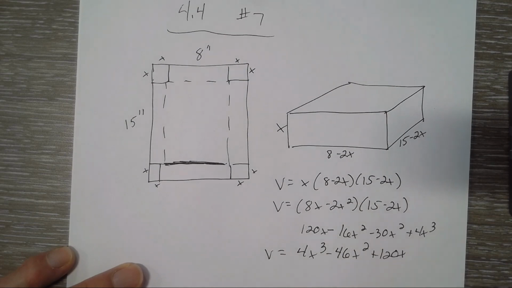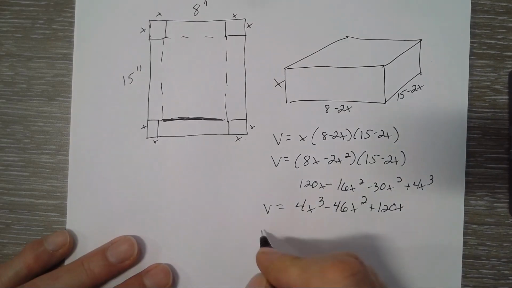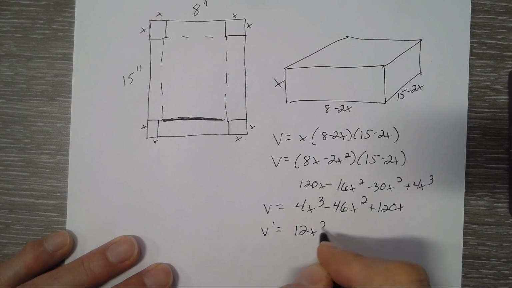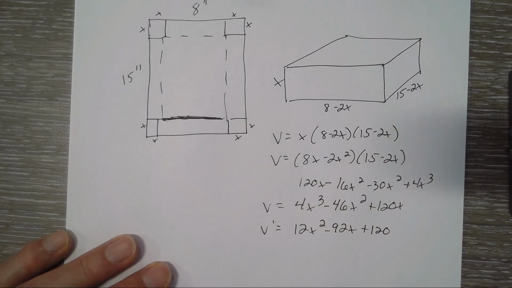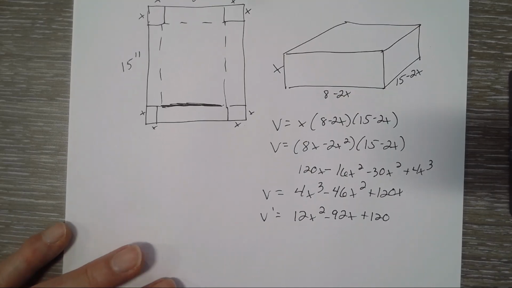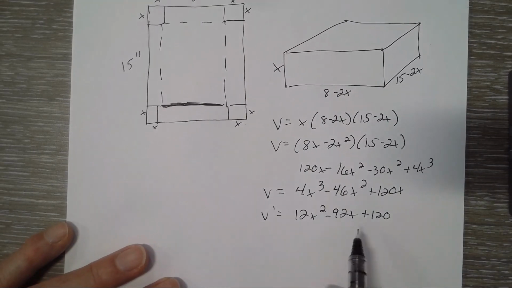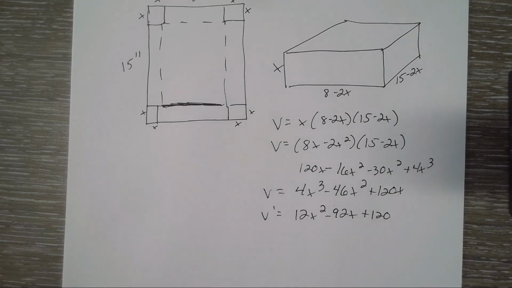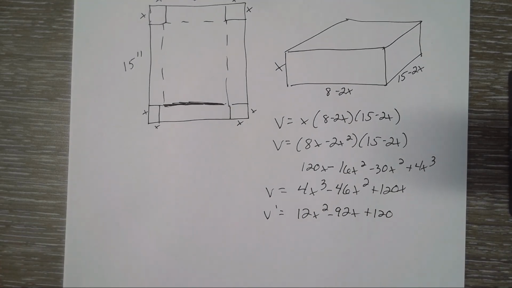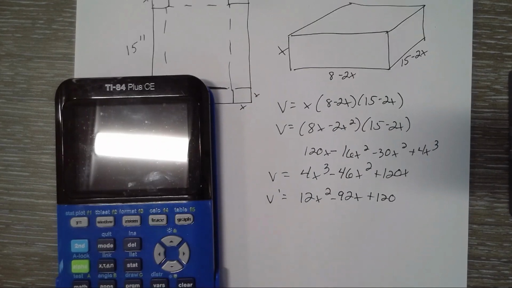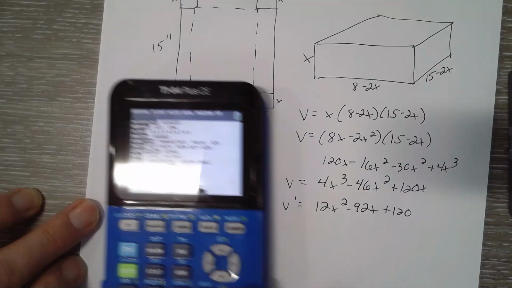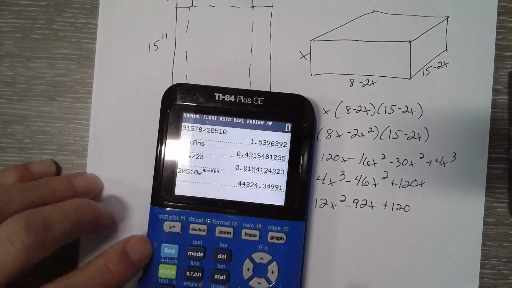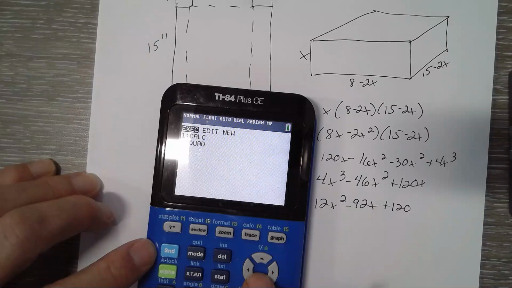Now the derivative should be pretty easy because it's just a polynomial: 12X squared minus 92X plus 120. We could use the quadratic formula. Just plug it into our calculator. Go to program, got a quadratic formula.